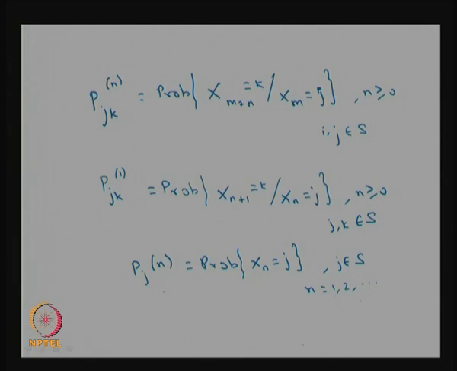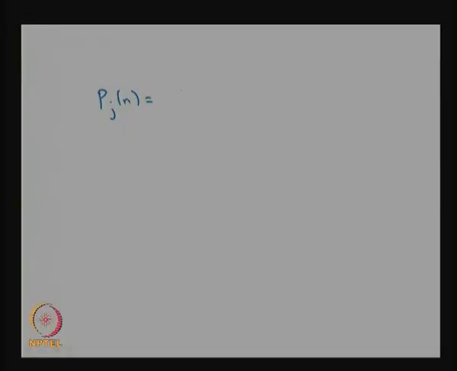So, how are we going to find this distribution? This distribution p_j(n) is nothing but the summation over i belonging to S of the probability that the system was in the state i at the 0th step, multiplied by the probability that it will be in the state j given that it was in the state i at the 0th step.